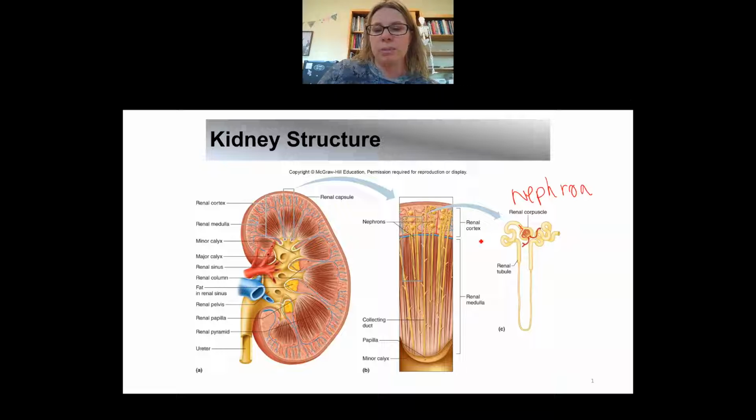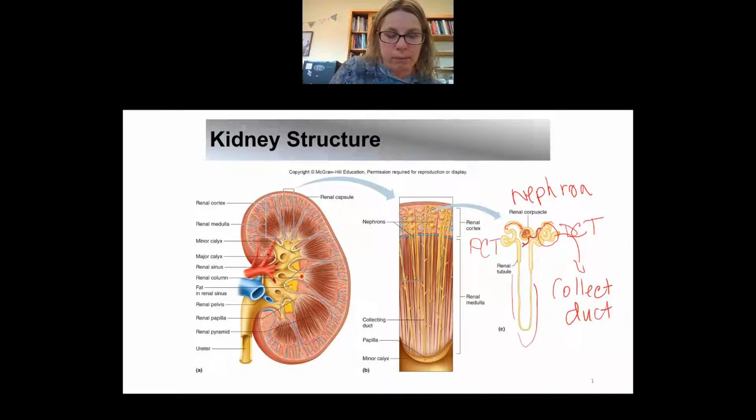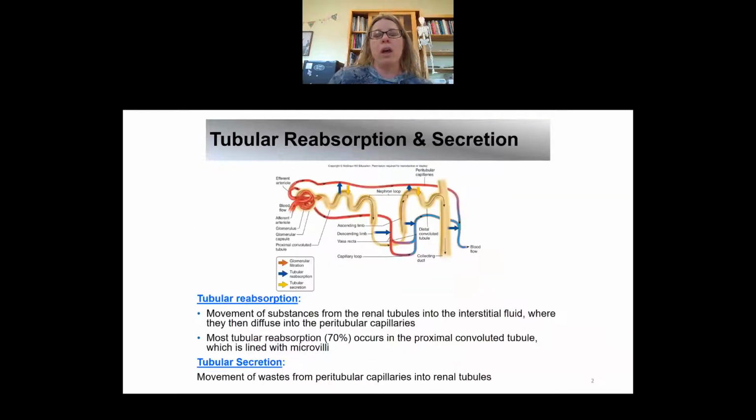This is the proximal convoluted tubule, the loop of Henle or the nephron loop, and then the distal convoluted tubule down in this region, and then that will empty into the collecting duct, which will then drain down into the minor and major calyces through the renal pelvis, down the ureter to the bladder. Okay, just a quick review there.